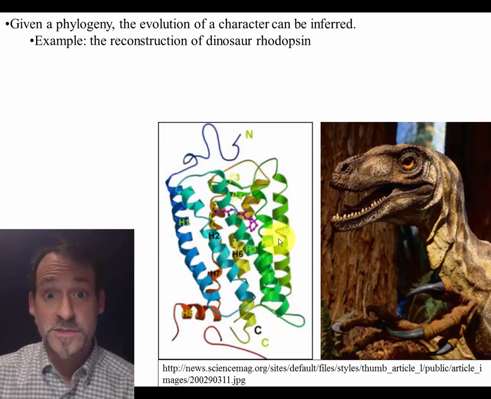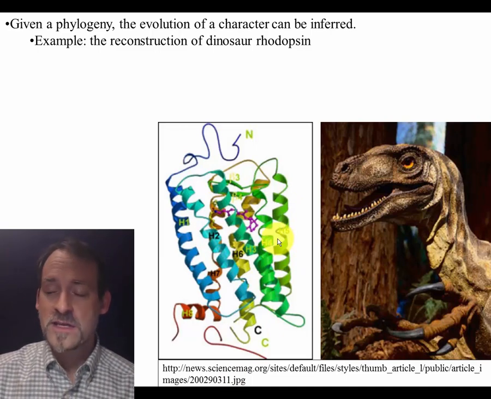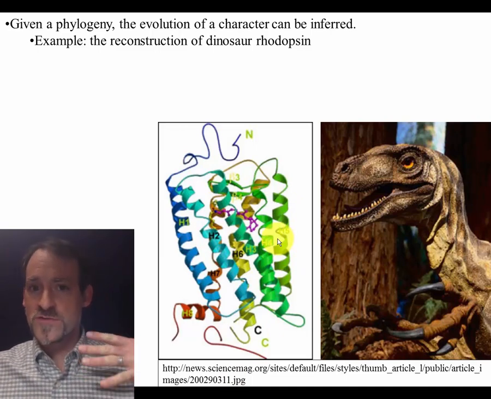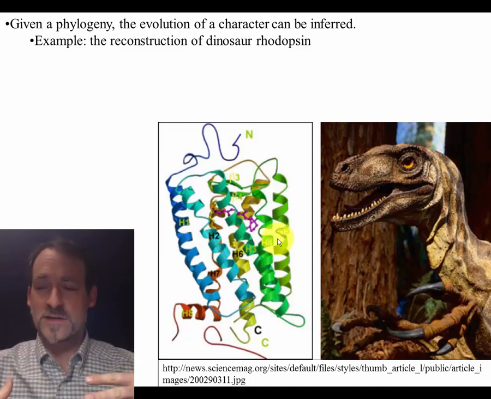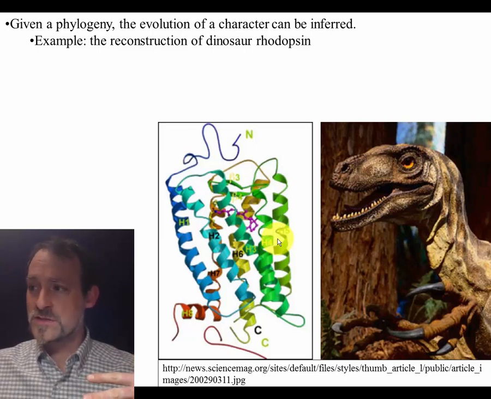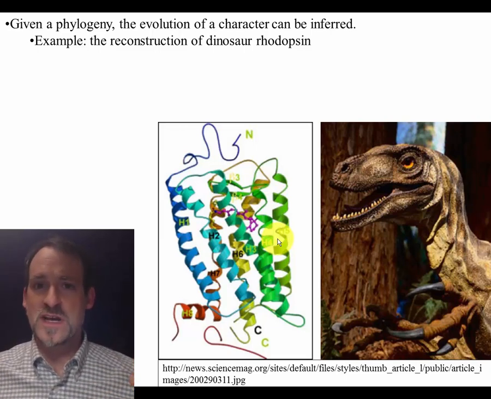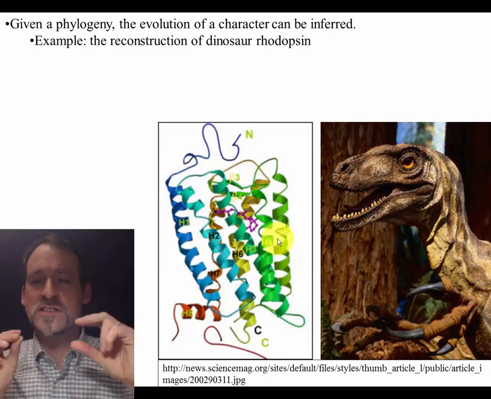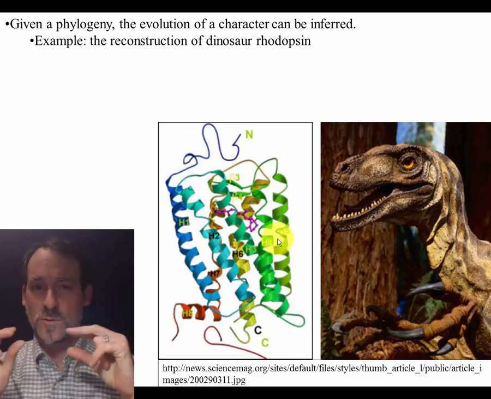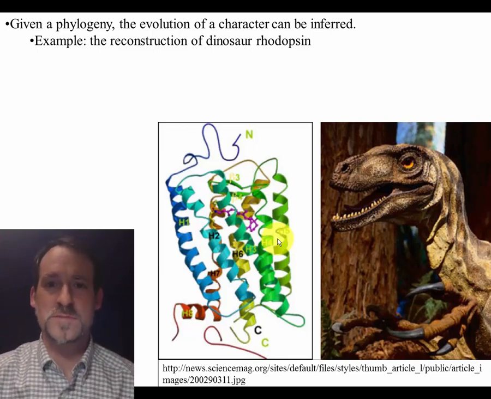Okay, so they knew what the sequence was for birds, they knew what it was for crocodiles, they knew what it was for lizards and snakes and tuataras, and they used all that to say, okay, this is the most probable sequence for this protein in dinosaurs.